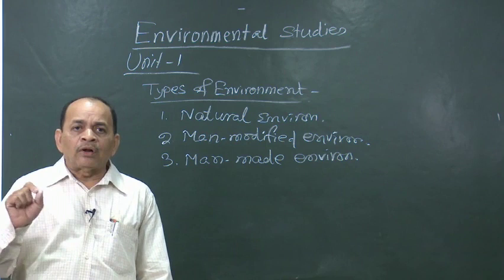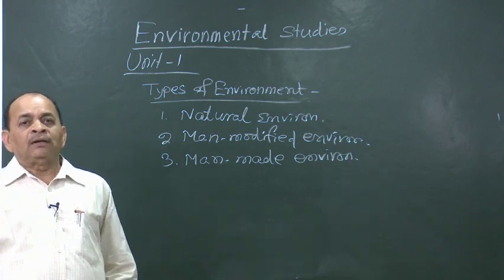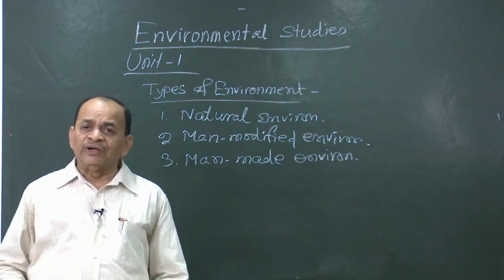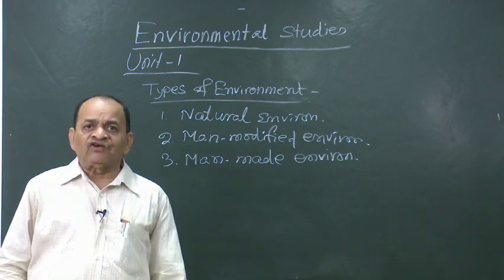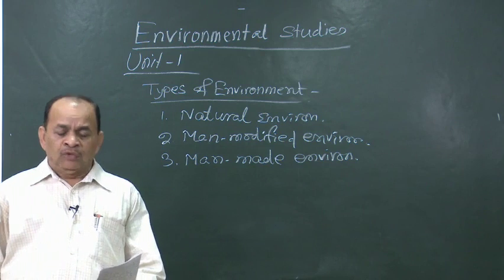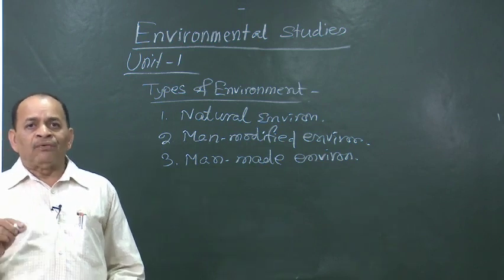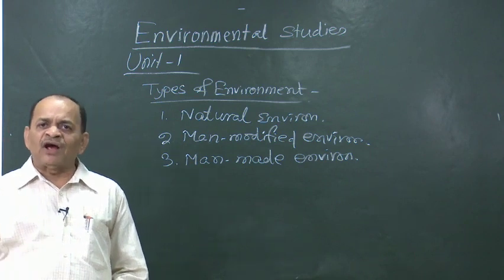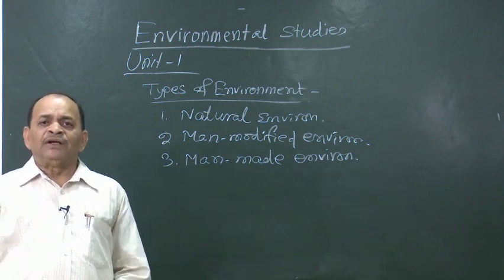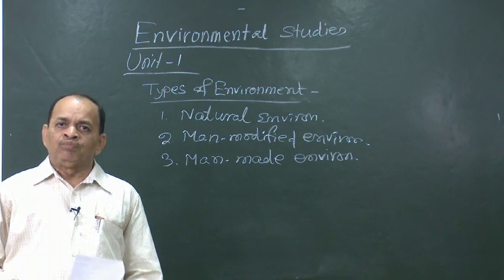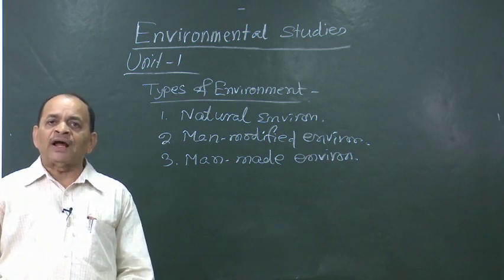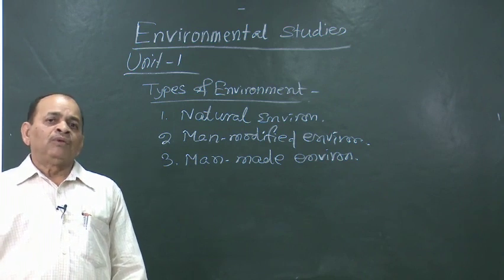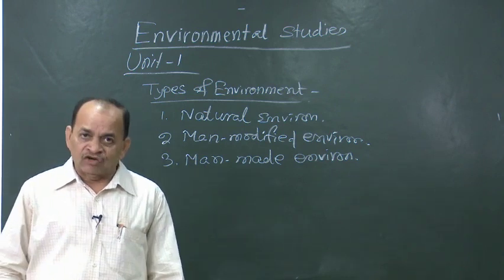There is no role of man, and these natural environments include the ocean, lakes, ponds, rivers, forests, grassland, desert. So river, forest, desert, lake, oceans, these are the natural environments.